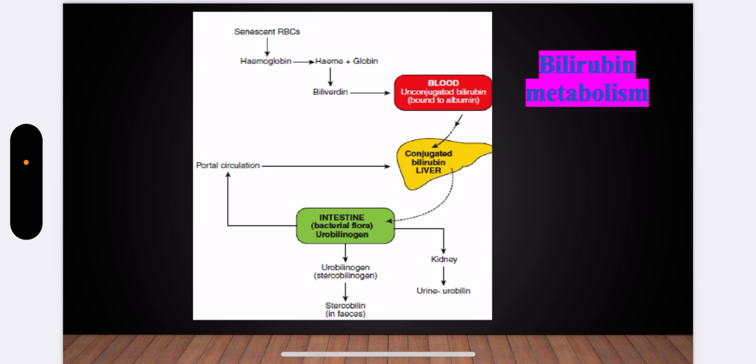Stercobilin is responsible for the brown color of feces. Around 10 to 20% of urobilinogen is reabsorbed via portal circulation and carried to the liver, where some of it is recycled for the formation of bile, and a very small percentage reaches the kidneys, where it is oxidized to urobilin and excreted in urine.